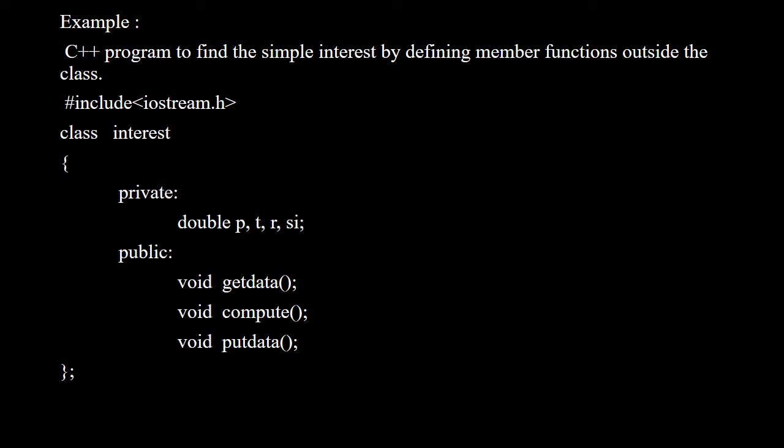Here the data members are P, T, R and SI, defined in the private access specifier, and the member functions are getdata, compute and putdata, defined in the public access specifier. Here P, T, R are the input variables and SI is the output variable. Then close your class with the closing curly bracket and semicolon.